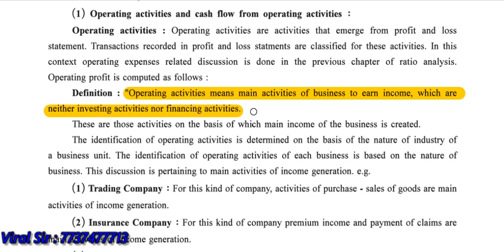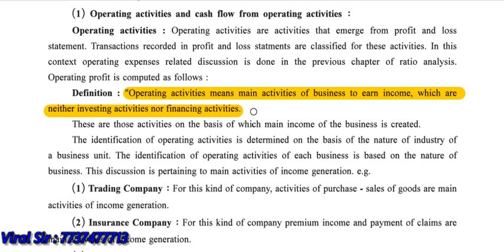Due to those activities, if there is inflow or outflow of cash, then it is known as cash flow from operating activities. For example, purchase, sale or exchange of goods, office administration expenses, salaries, wages, commissions and all; these are cash flow from operating activities.